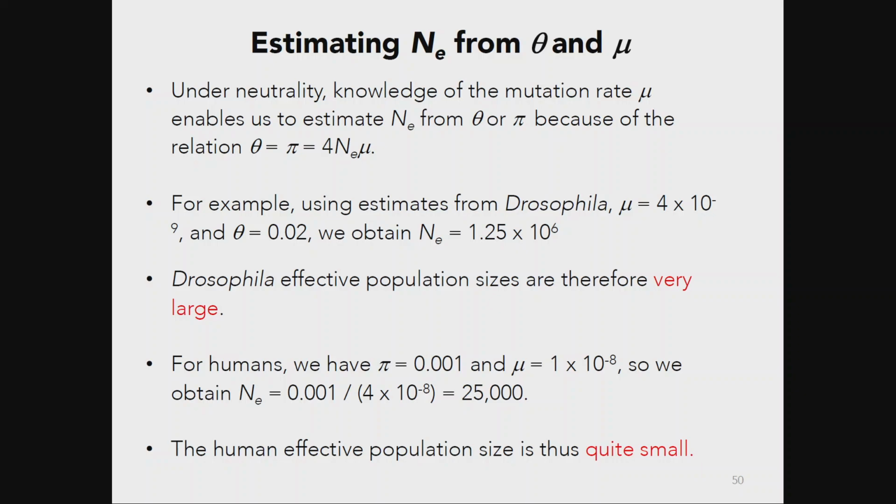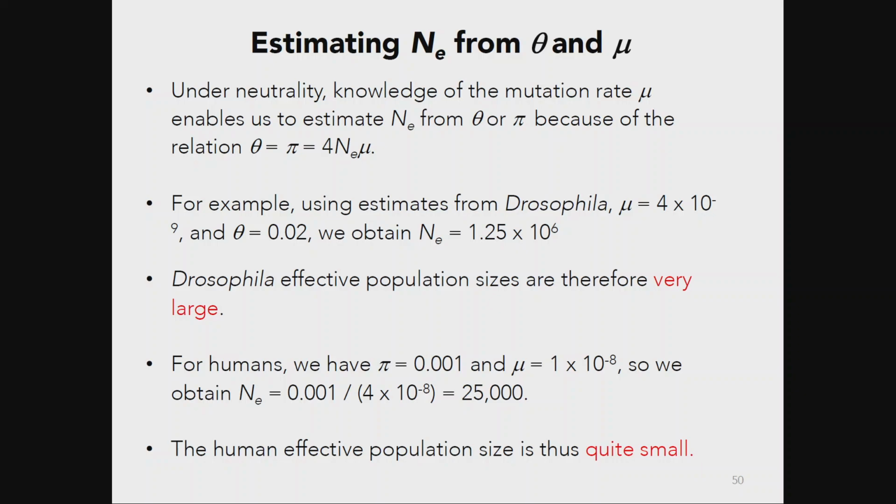So we can solve this little formula for NE, the effective population size, if we know mu. And pi, we can just figure out from sequencing, using the simple stats that we've done on the slides before.